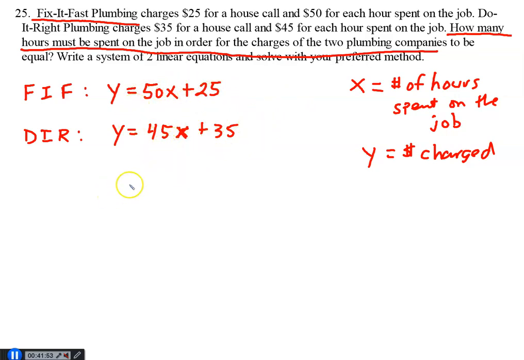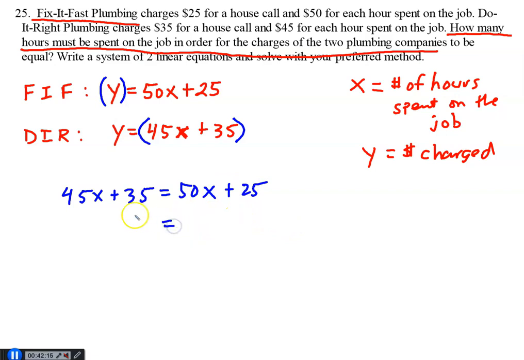So I'm going to use substitution since these are both already solved for y. I can let this 45x plus 35 replace the other y up here, and I can solve for x that way. So 45x plus 35 equals 50x plus 25.